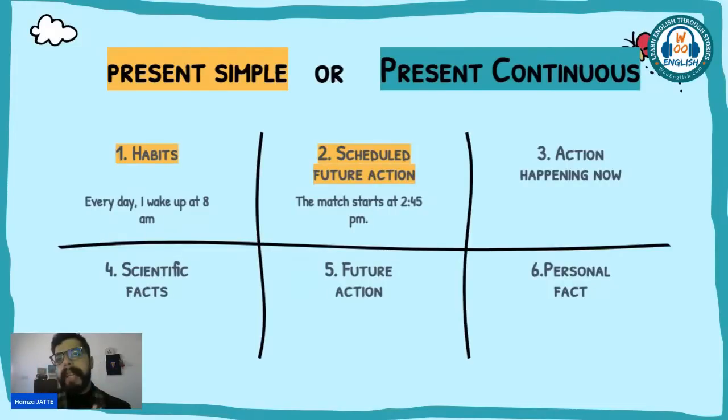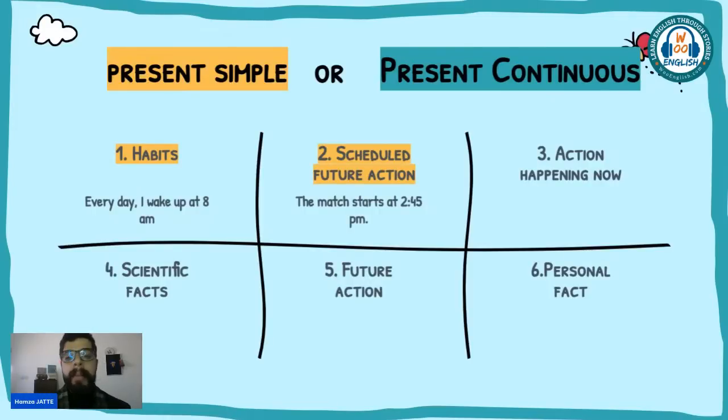It's a very specific action. We will see another type of action where we use the present continuous. So for scheduled future action, we always use the present simple. Okay. So for instance, I have an example here. The match starts at 2:45 p.m. I know exactly the time at which the match will start, so I use the present simple.